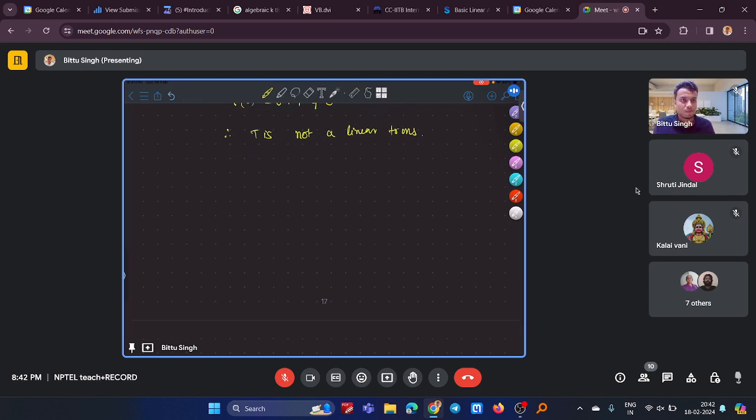Consider another type of example. For example, consider this transformation. T maps R2 to R2 by rotation. So what is the rotation by theta?